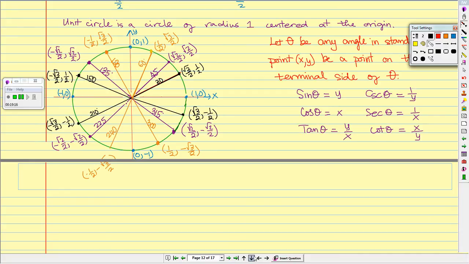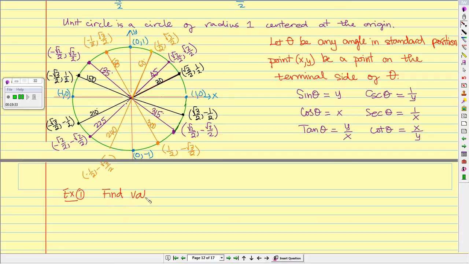So the next step we are going to do is use the unit circle now and find the values. So let's start with example 1. We want you to use the unit circle and find the value for this trigonometric function, sine of 60 degrees. So now you need to go to the unit circle and look for 60 degrees.